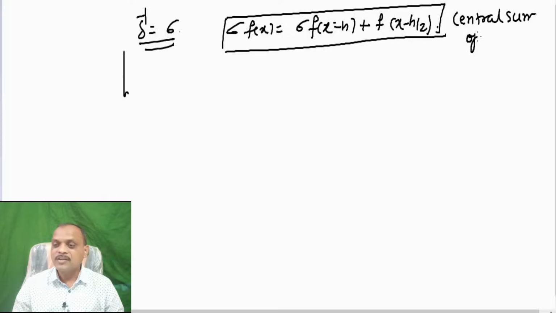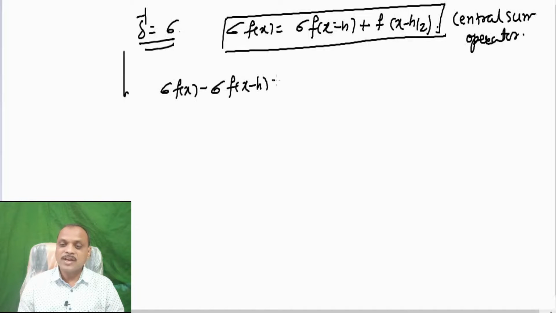Now from this we deduce that sigma f of x minus sigma f of x minus h equal to f of x, and we write this as e raised to minus 1 by 2 into f of x.